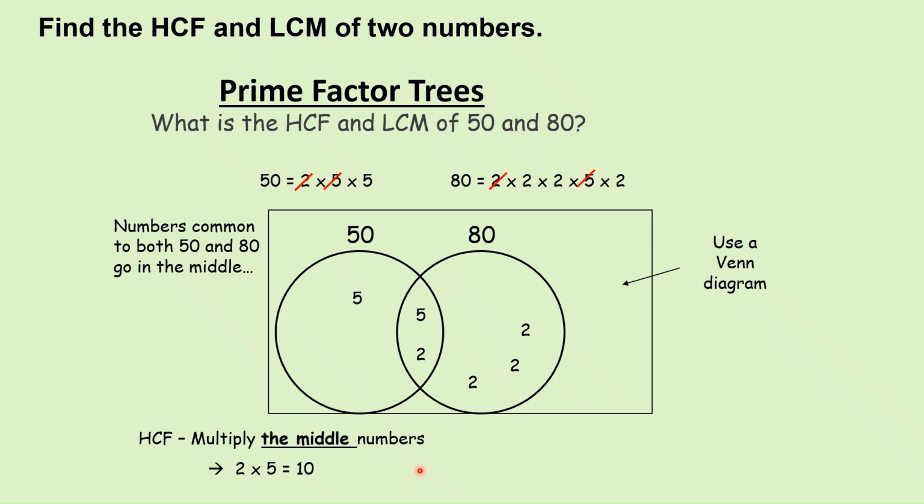To find the lowest common multiple, you multiply all the numbers in the Venn diagram. Therefore, you will have 5 multiplied by 5 multiplied by 2 multiplied by 2 multiplied by 2 multiplied by 2, and this should give you 400.